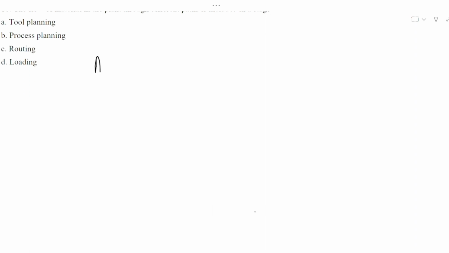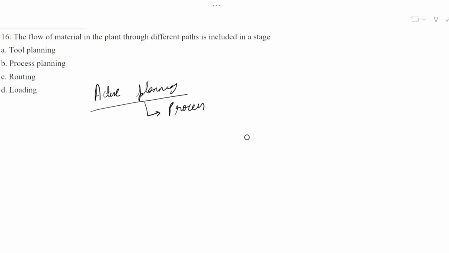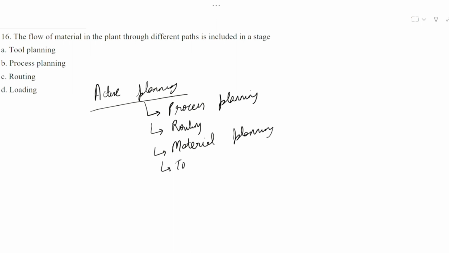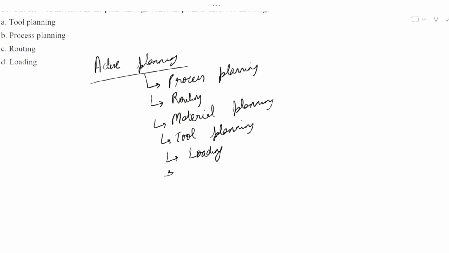So we know that the active planning comprises process planning, routing, material planning, tool planning, loading, scheduling.